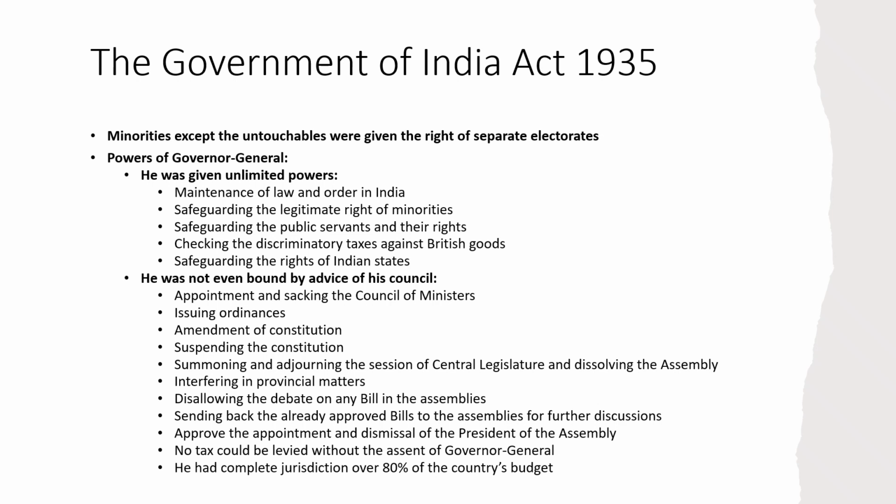Then the Governor General could issue ordinances. Then amendment of the Constitution. I've explained in the previous slides, students, that no procedure for amendment of the Constitution through the Assembly was explained or given in the Constitution.